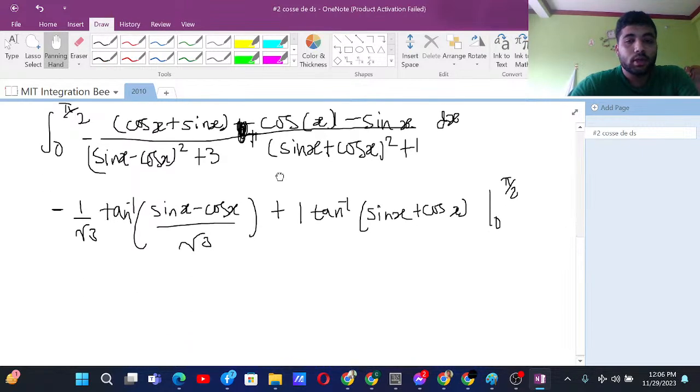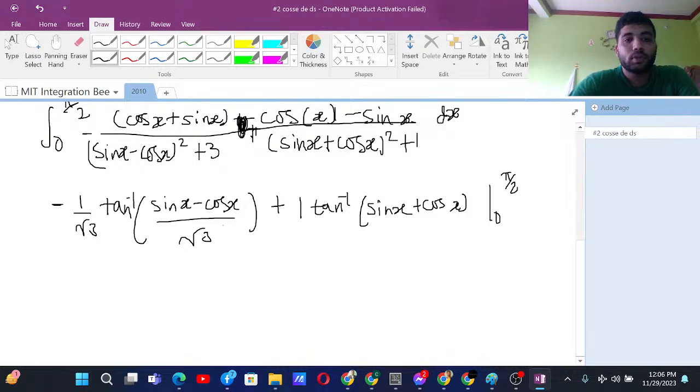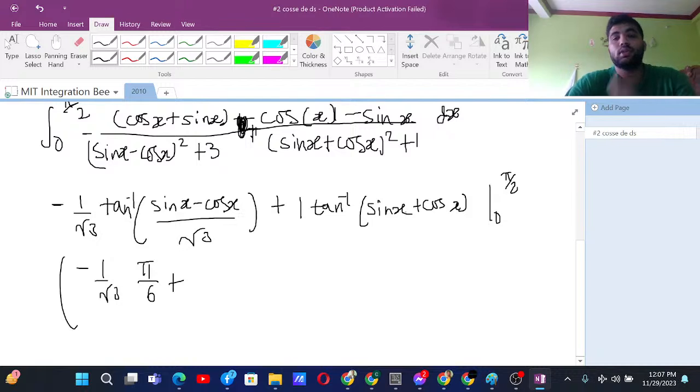Okay, and at pi by 2, sine of pi by 2 is 1 minus 0, so minus 1 by root 3 tan inverse 1 by root 3, that is pi by 6, plus 1 plus 0 again, so tan inverse 1 is just pi by 4, and then minus here sine 0 is 0, cos 0 is 1, so minus 1 by root 3.